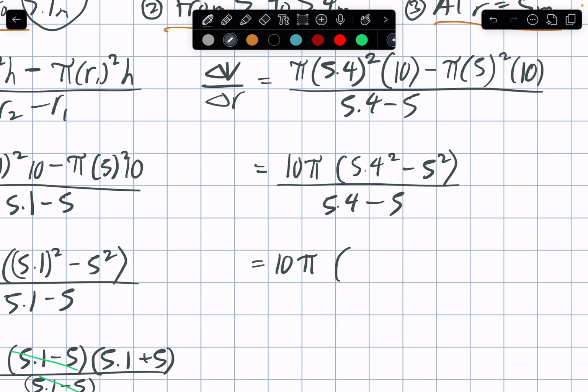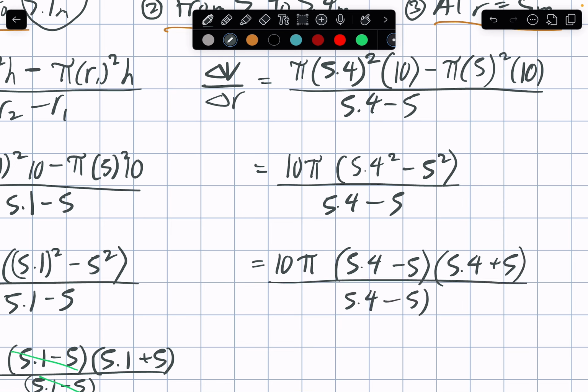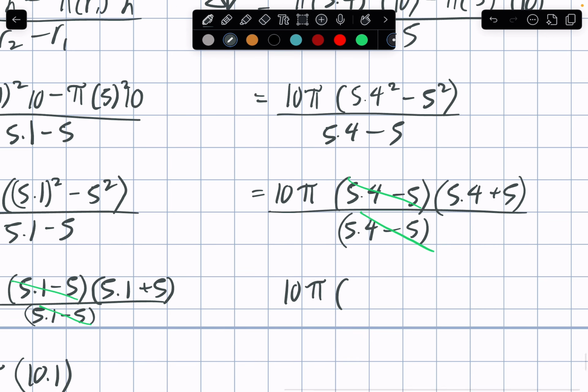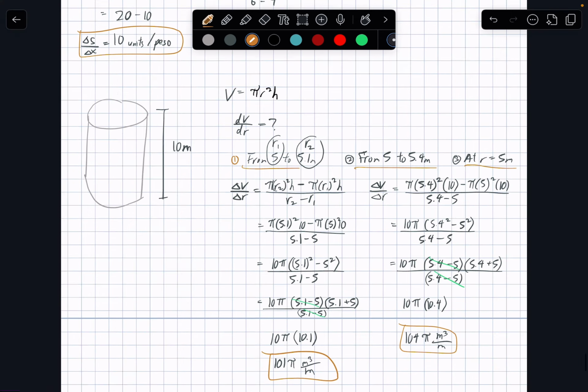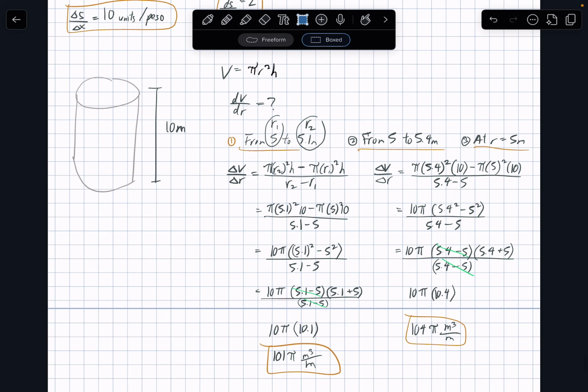We can factor, so we have 10 pi times the quantity, or we can just simplify already. It's going to be 10.4. So we have 104 pi meters cubed over meters. So that's the answer for number 2.